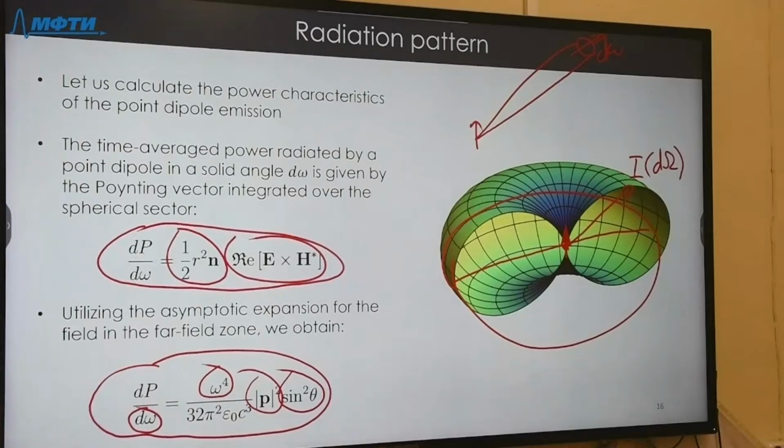If you recall the pictures with the electric field magnitude in the far field zone, you remember that the electric field of the dipole in the far field zone is essentially 0 along its axis. This is a reflection of the fact that the directivity pattern of our dipole has such a torus-like shape with 0 intensity emission along the axis of the dipole.